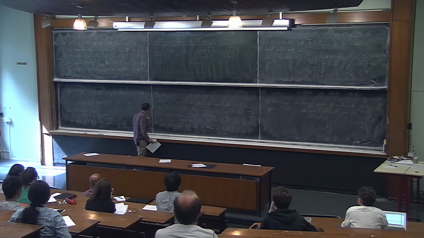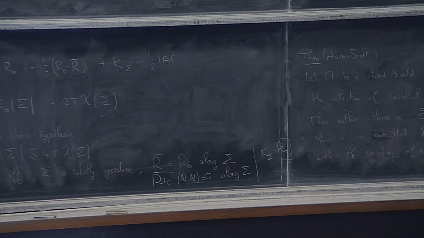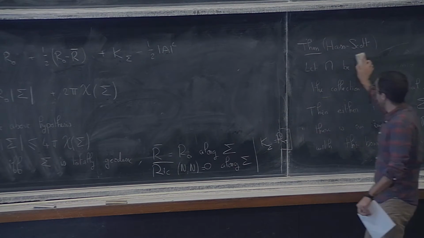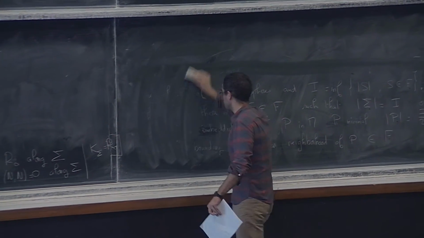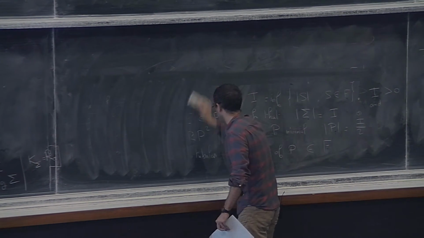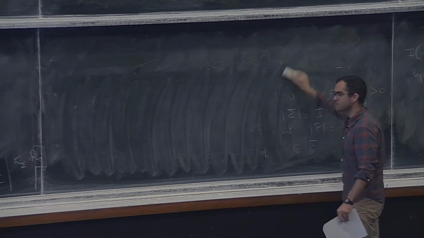So you have proved that if you have equality in the inequality, then your surface, for example, is totally geodesic. It has constant sectional curvature. So it's really a well identified surface inside this. You have the Ricci curvature equal to 0.